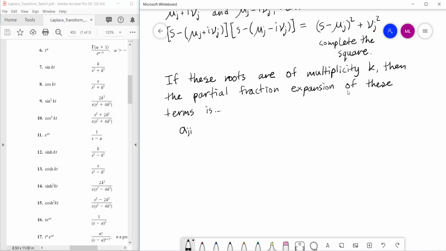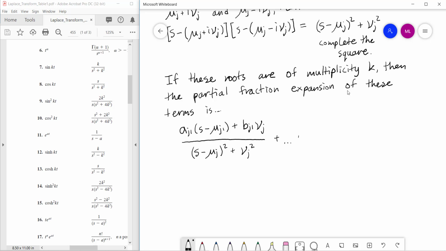So A j1 times s minus mu j, plus B j1 times eta j, over our s minus mu j squared plus eta j squared term. So there's one of them.